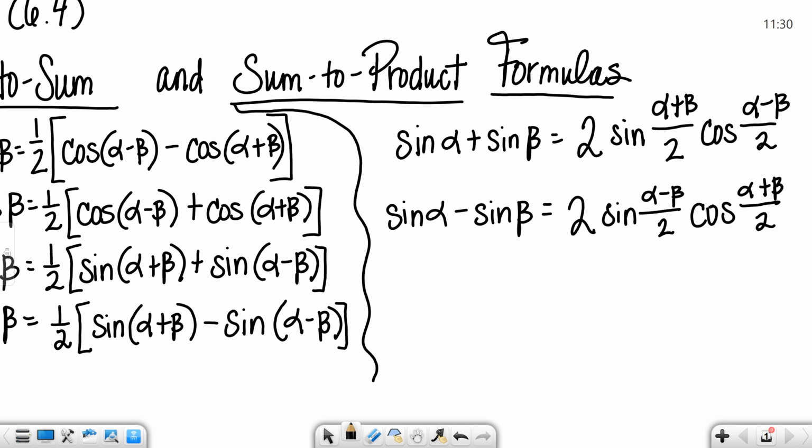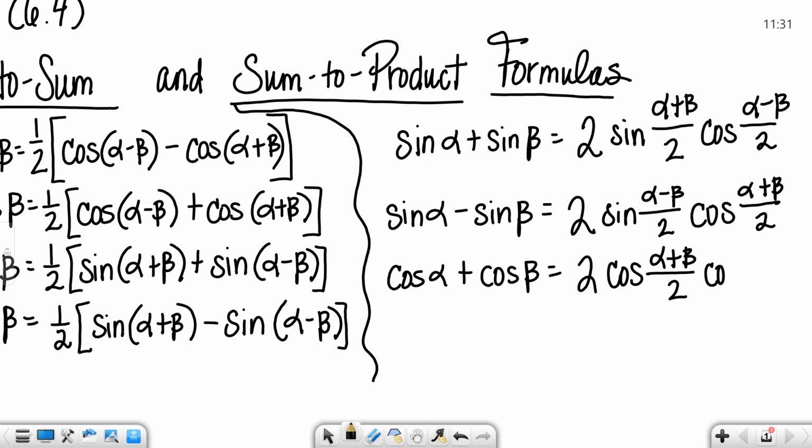Definitely do not have to memorize these. I can tell you that it's a challenge enough just to use them. So we will work a couple of problems here in the notes today, and then you are just going to have to practice this.